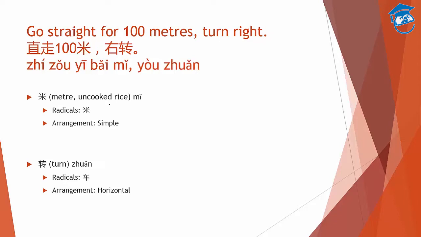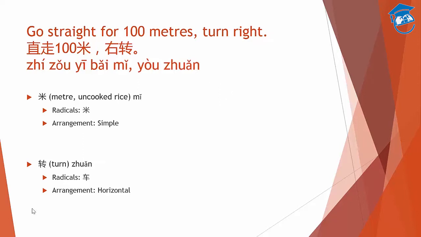We are using this word 米 because it sounds very much like meter. So this is the pinyin and the radical is itself, so the arrangement is simple. So here's how to write 米. 1、2、3、4、5、6. 6 strokes.